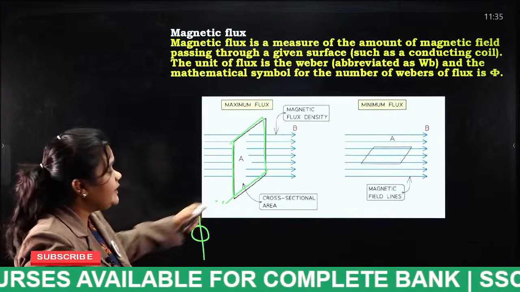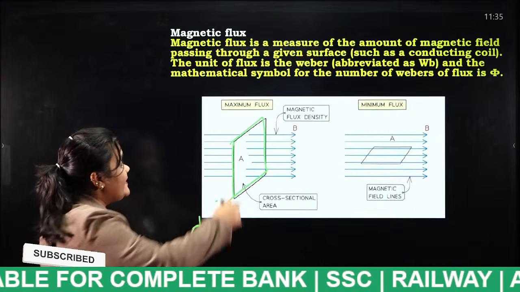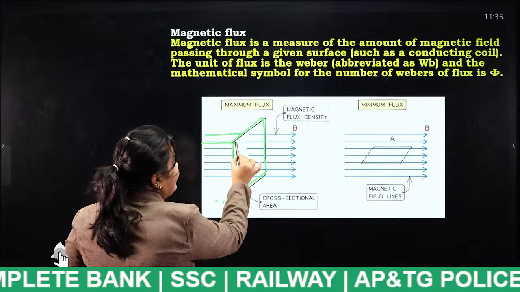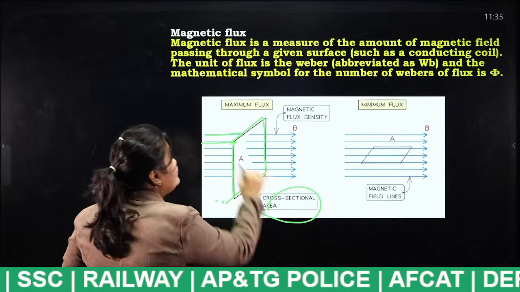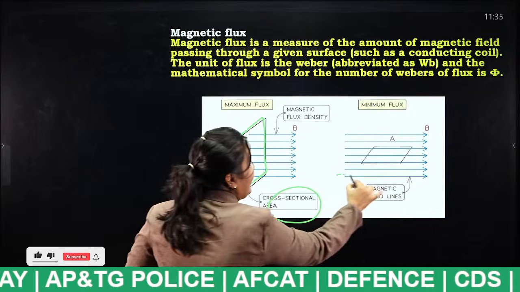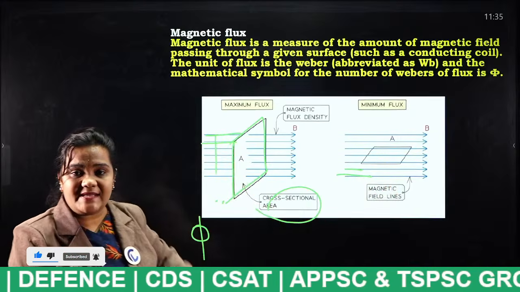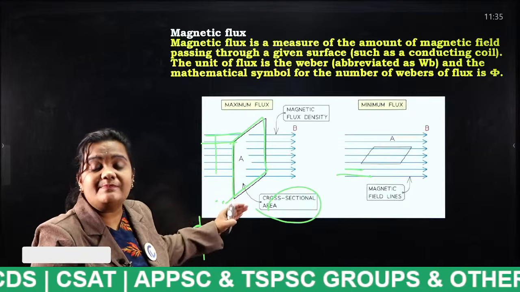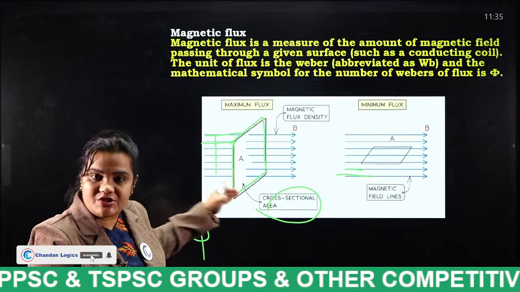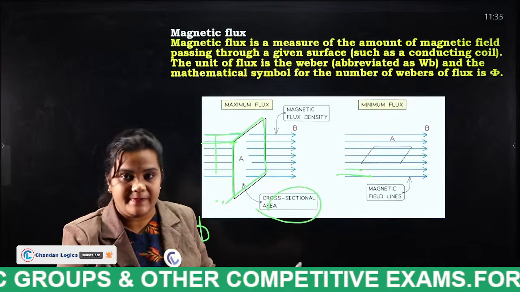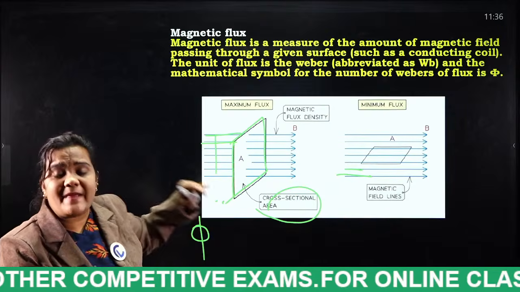Next, did you understand now, students? The magnetic lines in cross section A are more than the magnetic lines passing through cross section B. By this we can say there is a maximum magnetic flux in cross section A compared to cross section B. What do you mean by magnetic flux actually?